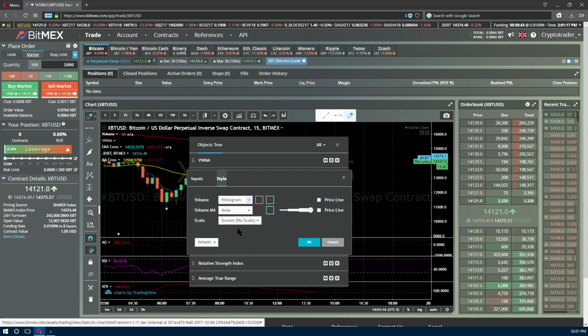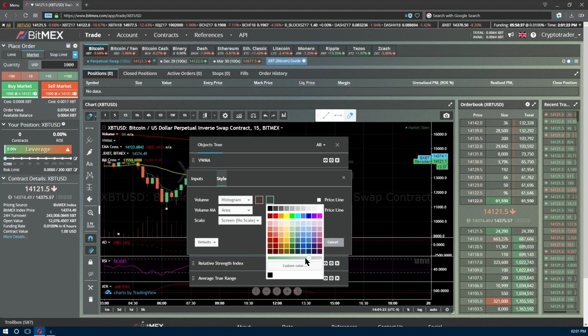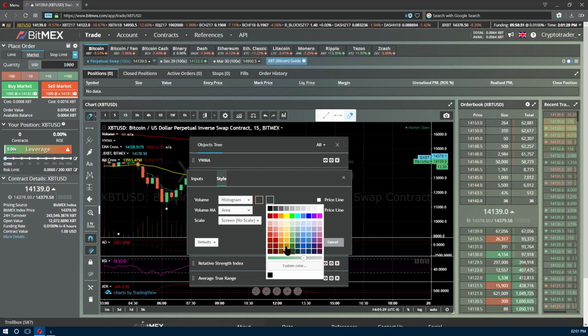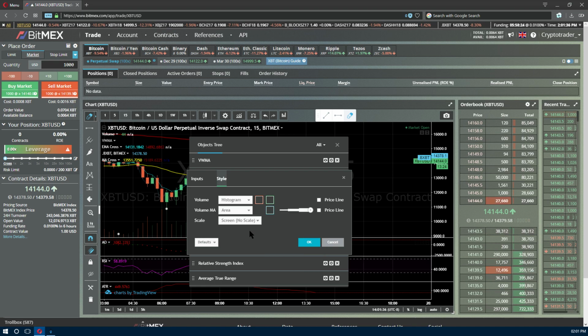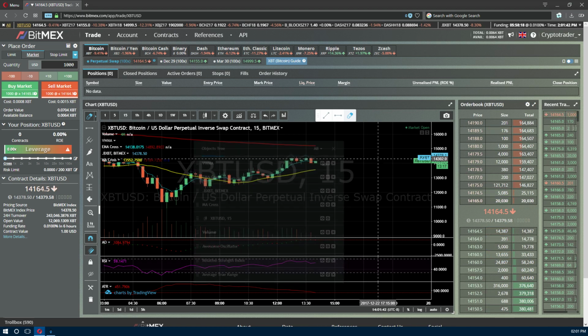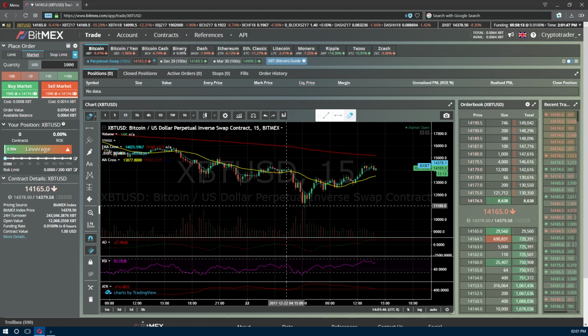Get these things to go histogram. Well, now I can brighten them up. Kind of like that. Okay, and then hit OK. And now it looks like we're all set up here.